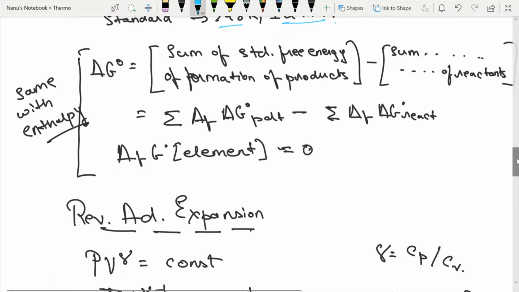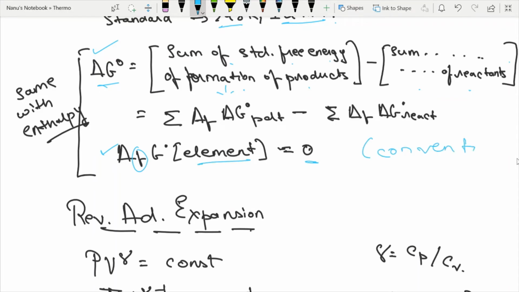For thermochemistry problems, these forms are the main forms: del G, the change in Gibbs free energy for a thermochemical equation, is the sum of the standard free energy of formation of products minus the sum of the standard free energy of formation of reactants, right? This is just written in mathematical form over here, and you need to know that the standard Gibbs free energy of formation, f meaning formation, for an element is 0 by convention.